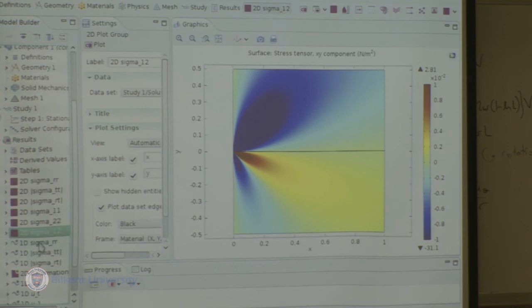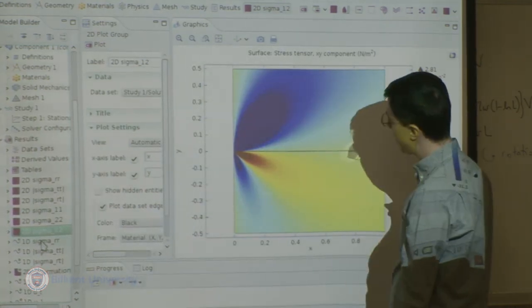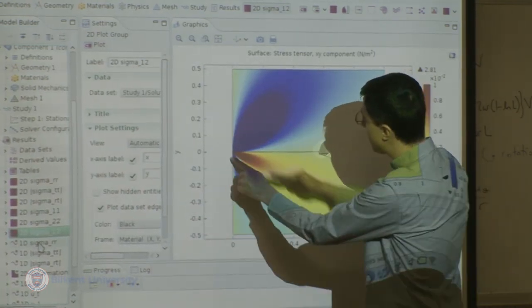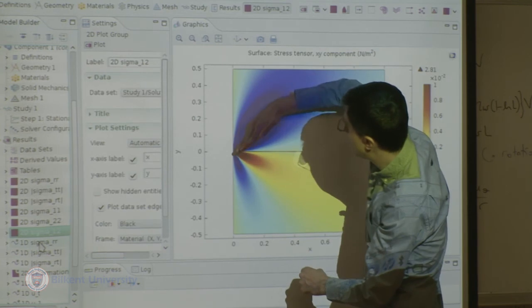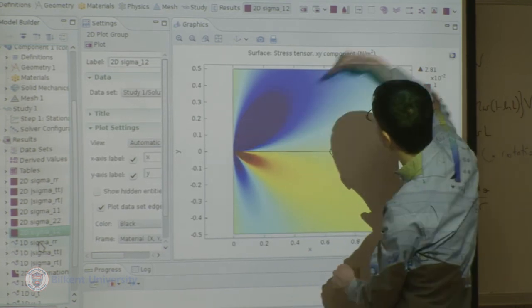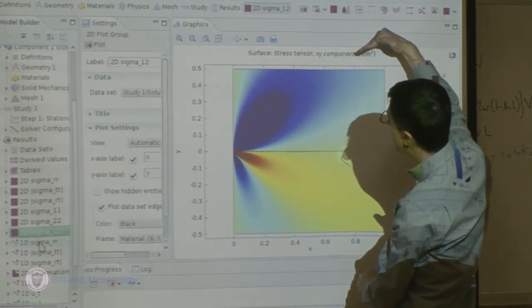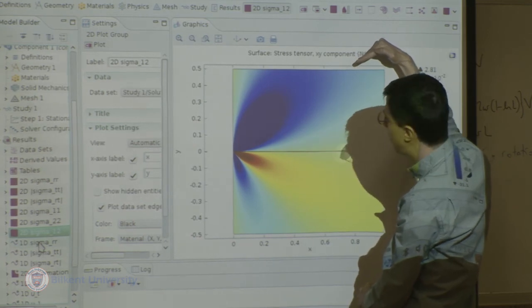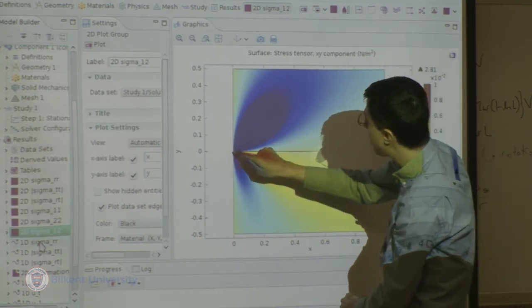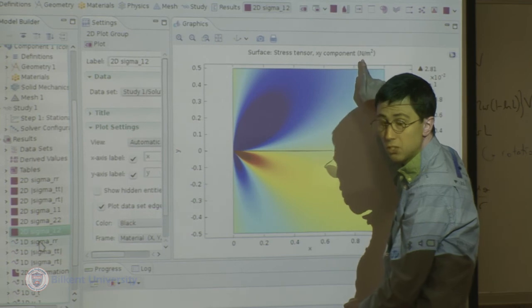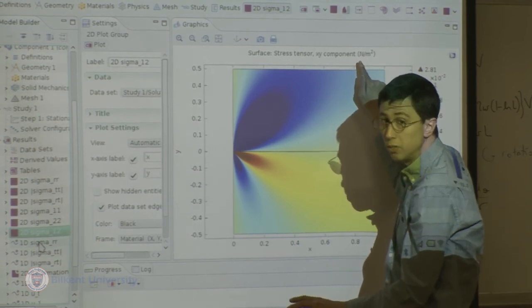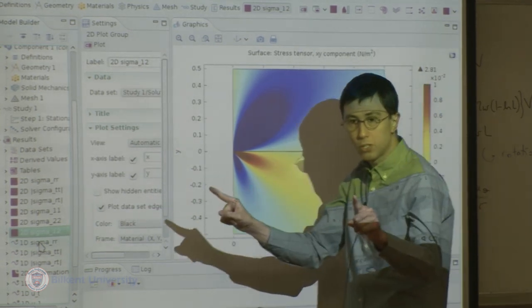Okay? I'll do one more thing. What I'm going to do is I will take a cut at a certain angle. Okay? And I will take a radial cut at, in this case, theta equals pi over 4. And I will compare the variation of the radial stress, that's the only non-zero component, numerical versus analytical.